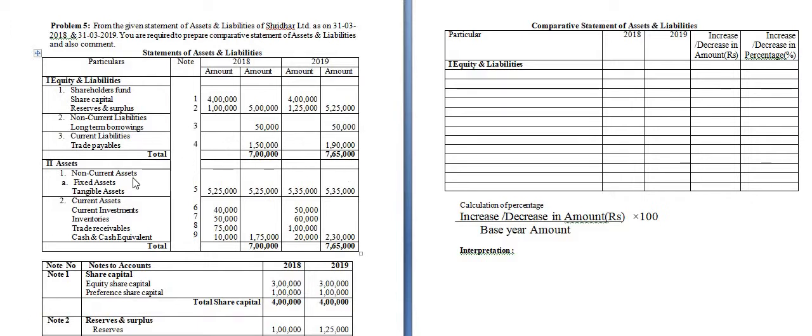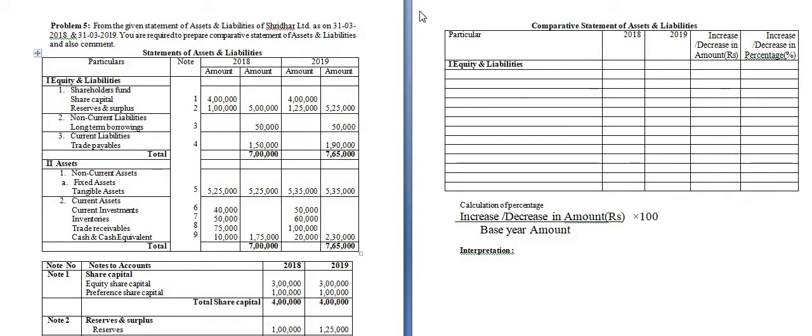And in asset side we have non-current assets and current assets. Total of asset side for the year 2018 is 7 lakh and for 2019 it is 7 lakh 65,000. And these are the detailed notes of the items given in the balance sheet. We'll check those notes one by one while solving the problem.